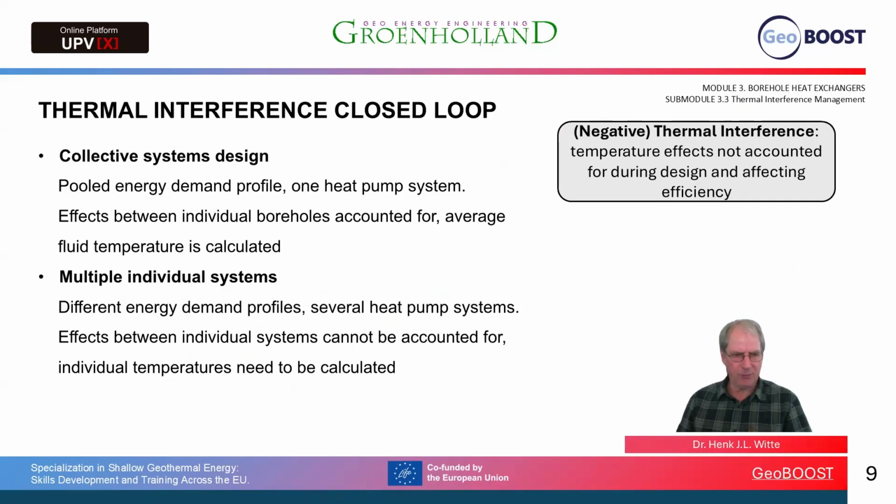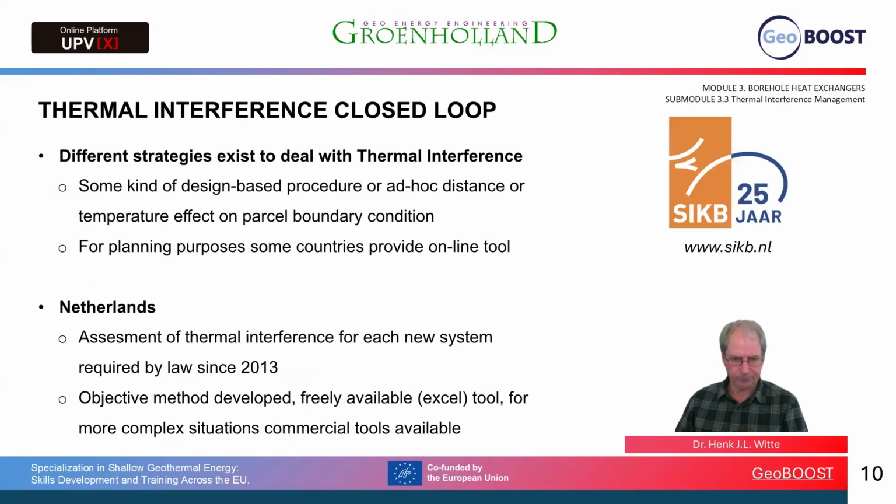In fact, when we have multiple individual systems, we have different energy demand profiles. We have several heat pump systems with maybe different heat pumps and different capacities. We have different boreholes with different depths, and the effects between the individual systems cannot be accounted for. Individual temperature effects need to be calculated.